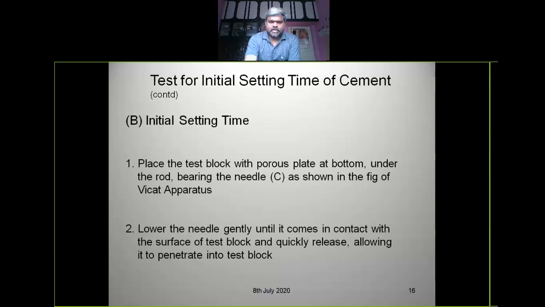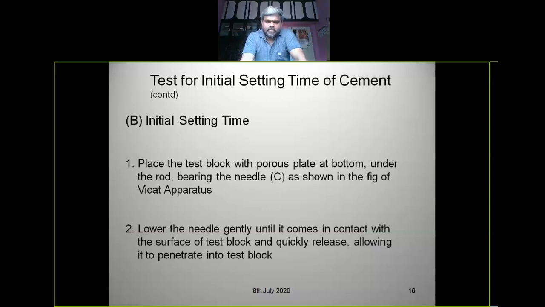For initial setting time, place the test block with the porous plate at the bottom under the rod bearing the needle C, as shown in the figure of the apparatus in the last slide.